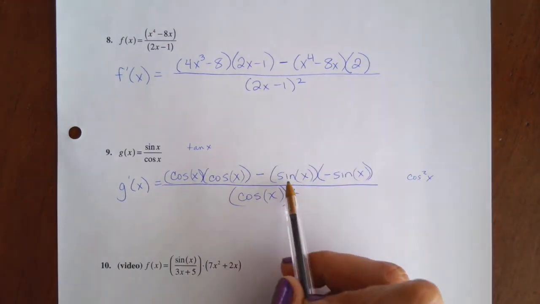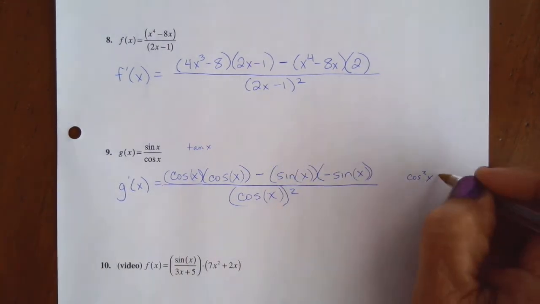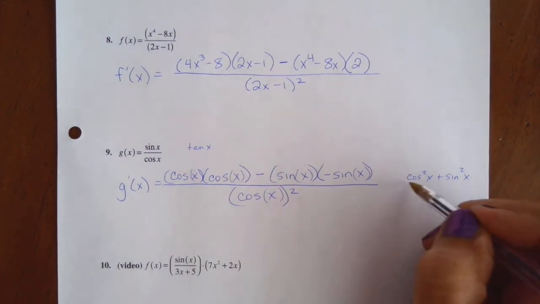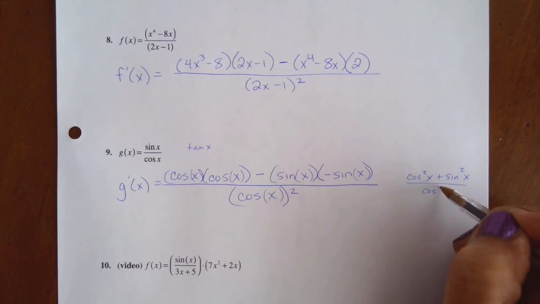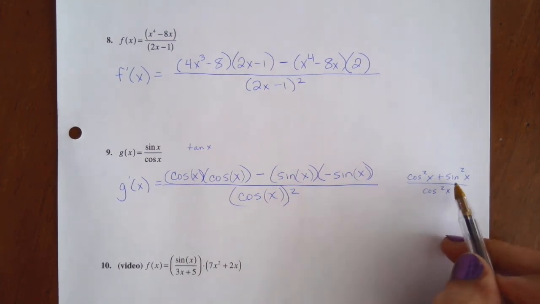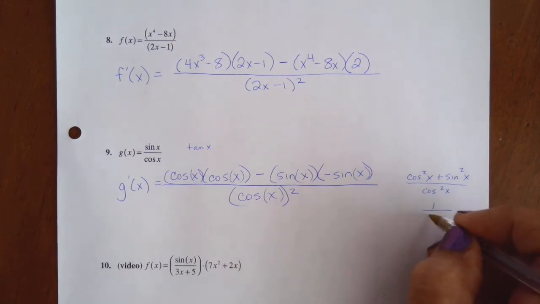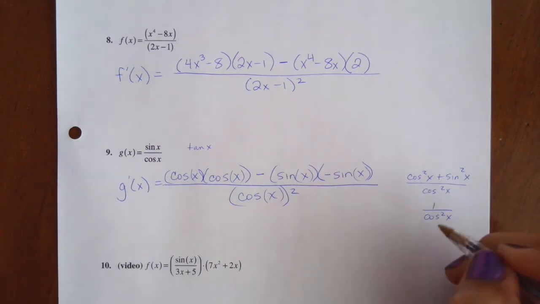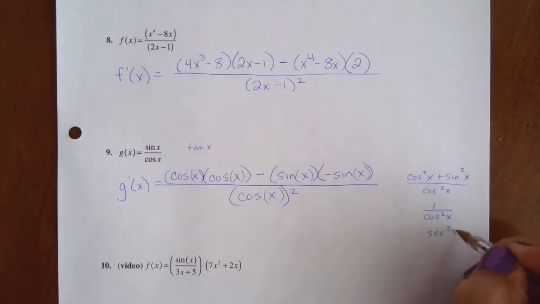And then you have a negative sine of x and negative sine of x. That actually gives you plus sine of x, right? So plus sine squared, and then over cosine squared. Well, if you remember your Pythagorean identities, this numerator equals 1, right? Cosine squared plus sine squared always equals 1. And 1 over the cosine squared is the same exact thing as secant squared.